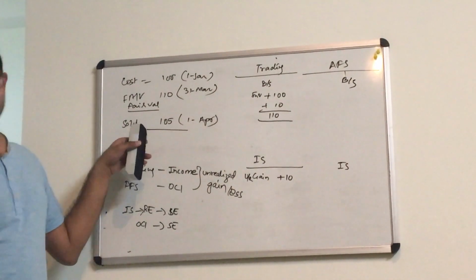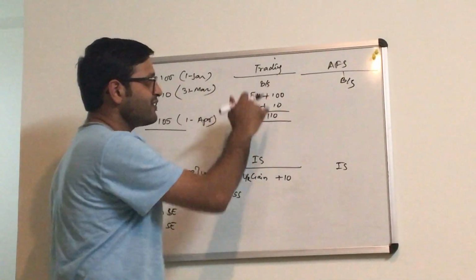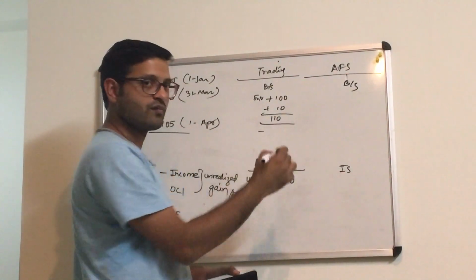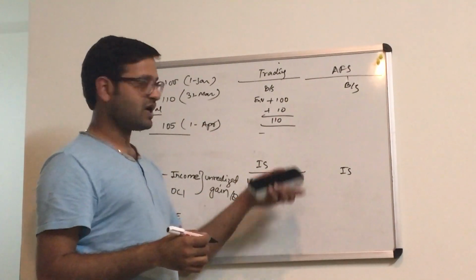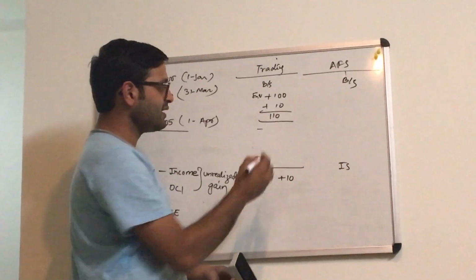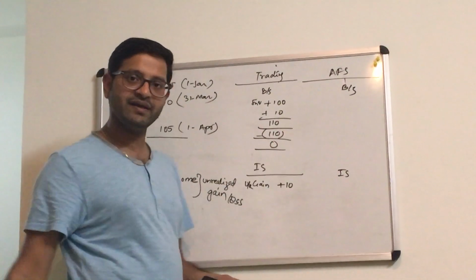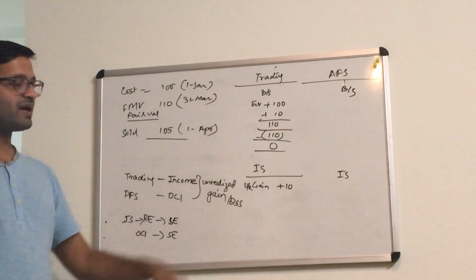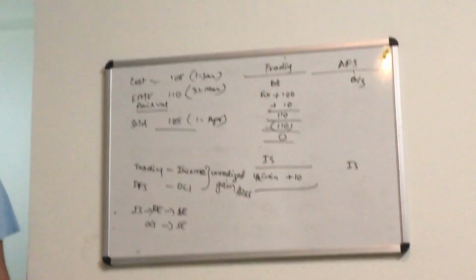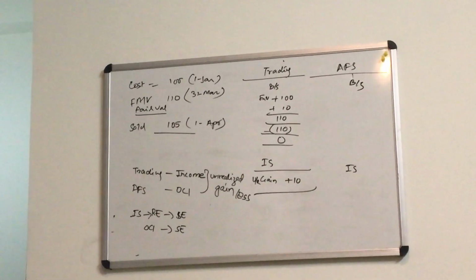Now, coming to 1st April, it's only 105 now, I sold it. Right? So what happens to my investment here? I have recorded it as 110 now, so I will have minus 110. My 110 will completely disappear and become 0. Now, what happens on my income statement? This plus 10, right?